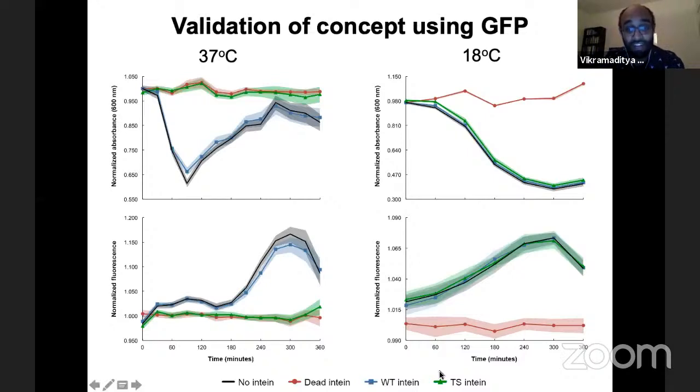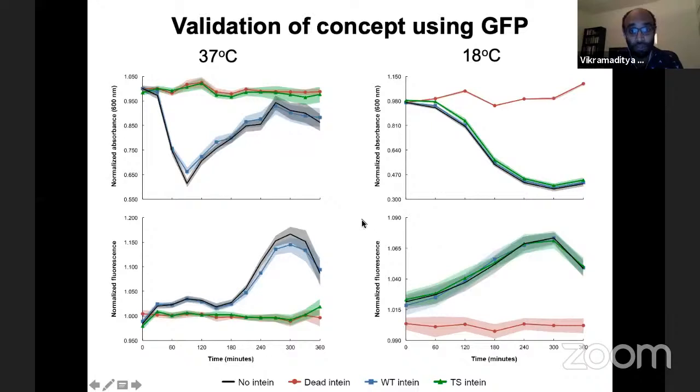There are different variations of the intein we created. The one that is most interesting, that you're looking out for, is the green trend line. At 37 degrees Celsius, there is no activity from the green line. This is essentially showing the absorbance. At the top, you're seeing OD, optical density, which is telling you cell mass.